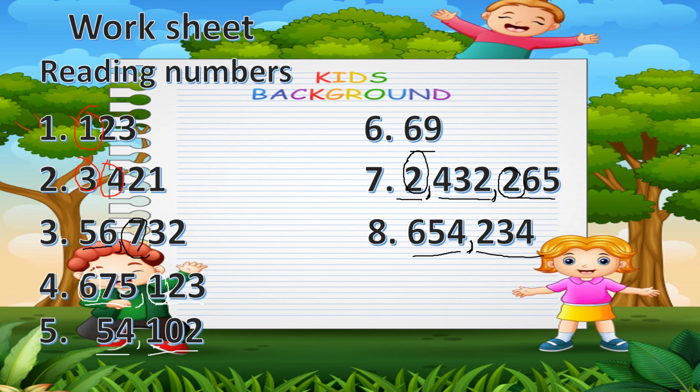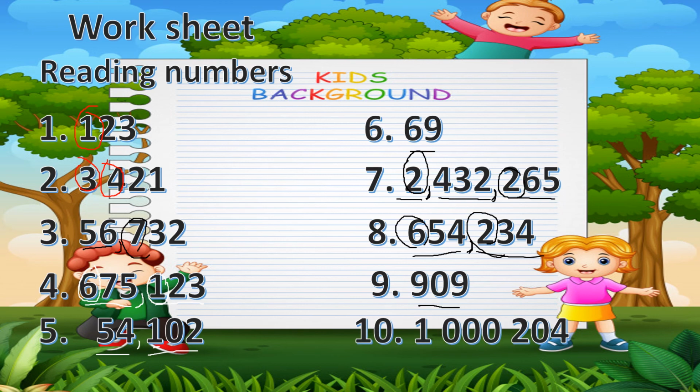It's 654,234. Okay? Now we have here number 9. Oh, not much. It's just a unit. So it's easy to read, right? It's 909. Okay? Now we have the last number, number 10.